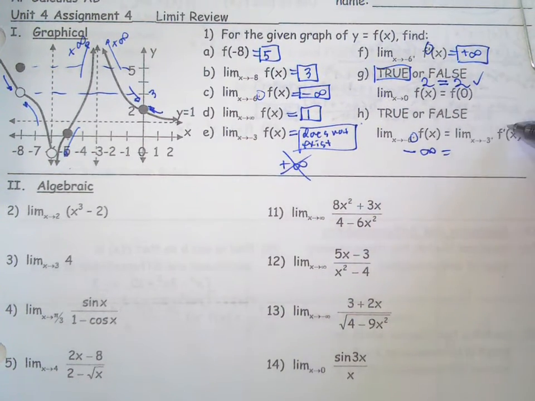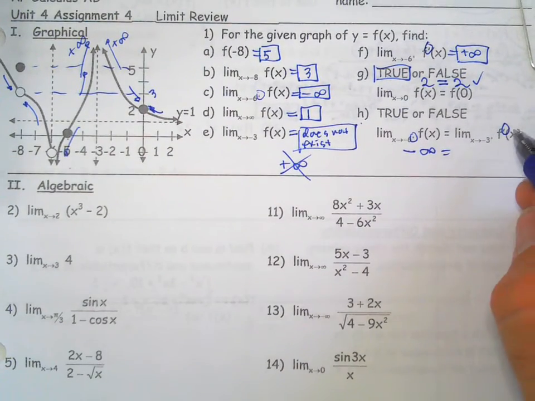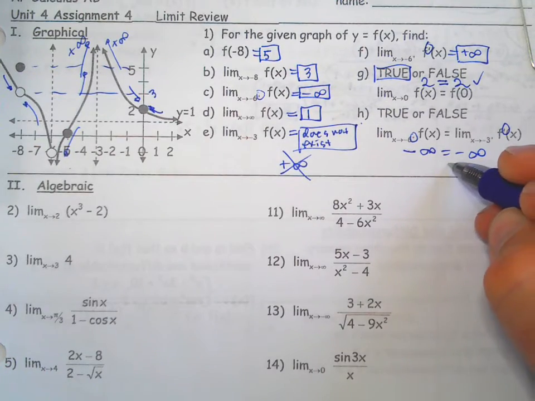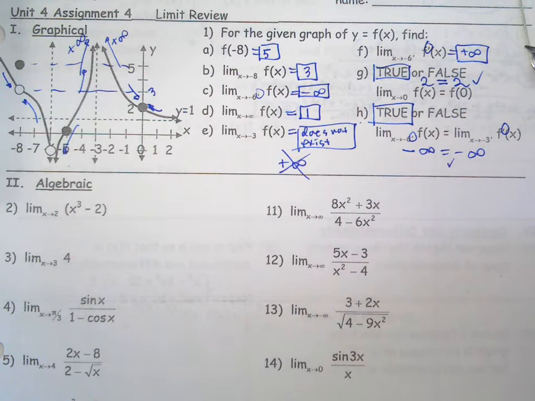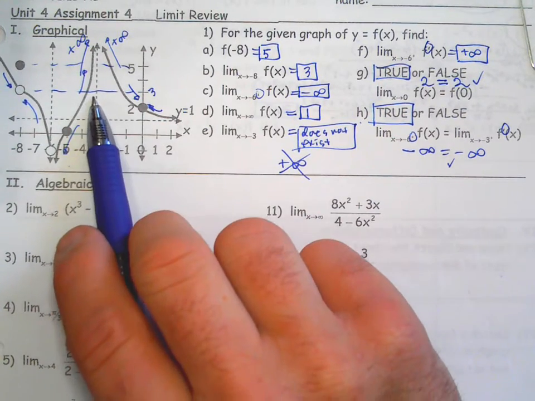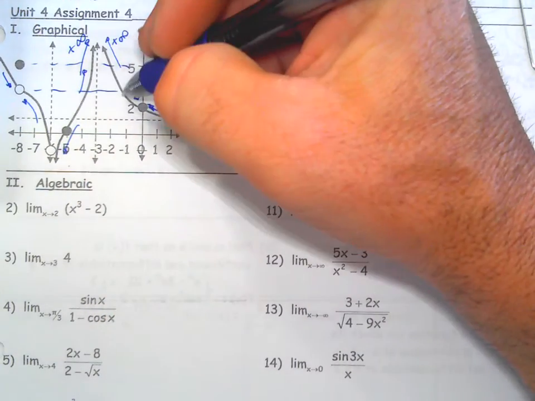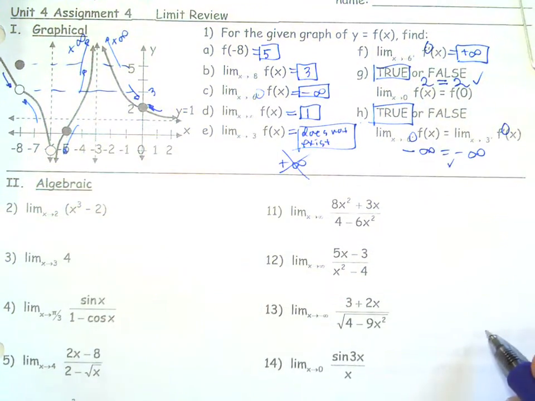And then the slope as you approach negative 3 from the right side is negative infinity. So I guess it's true. That's probably bad to say is true because they could be different kinds of infinities. Anyways, on the right side of negative 3, that's a negative slope. The function is going to positive infinity, but the slope is negative there.